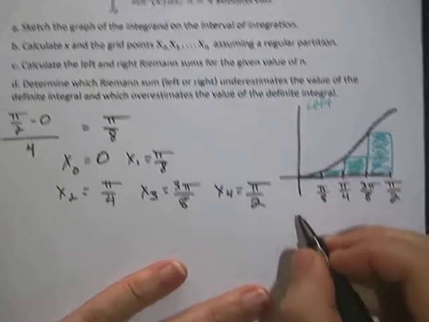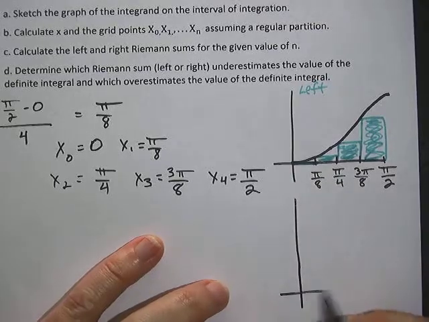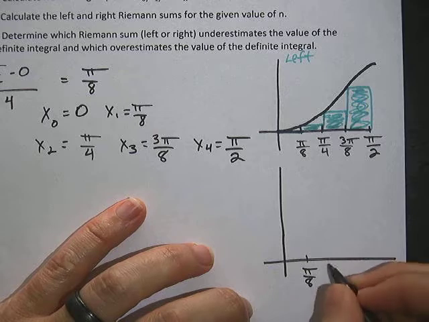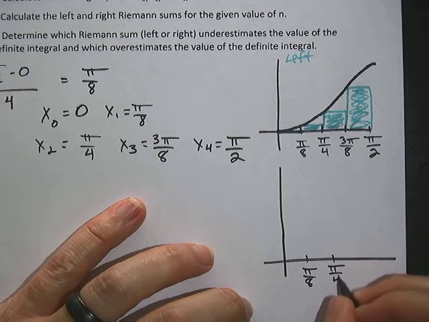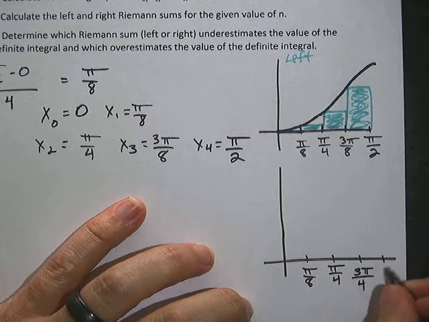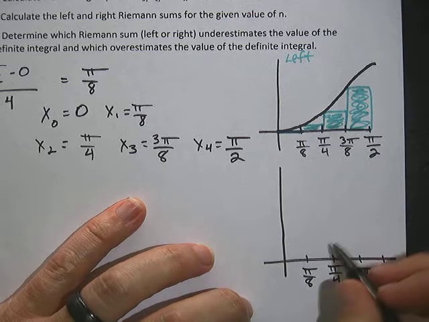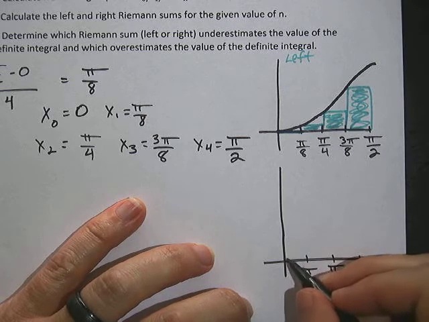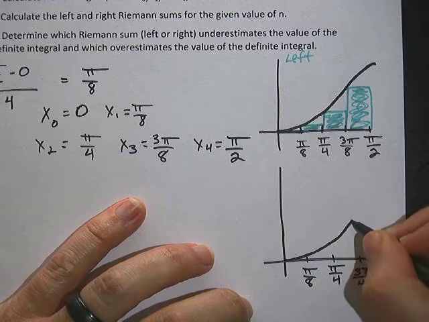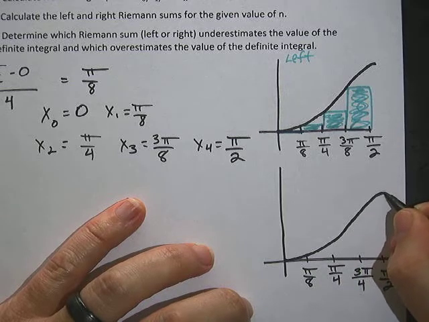Now let me graph this thing again real quick, as close as I can get to that graph up there. And I'm going to draw a graphical representation of a right Riemann sum. So it starts at 0, goes up a little bit, and this may not be exact, but close enough.